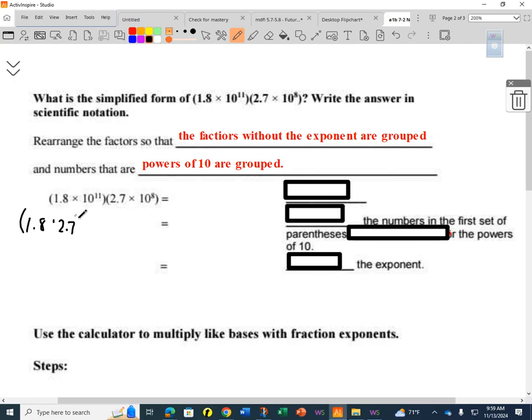We can put those in a grouping symbol or not. Let's do that. And that's going to be times 10 to the 11th power times 10 to the 8th power. Does that make sense to everyone?